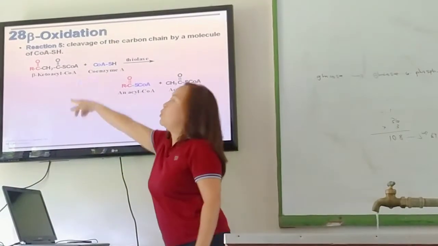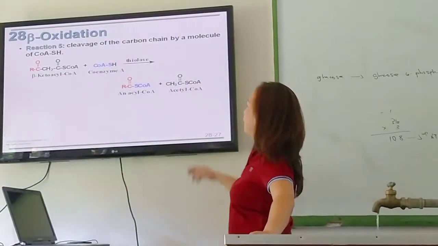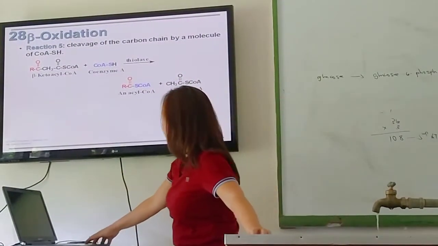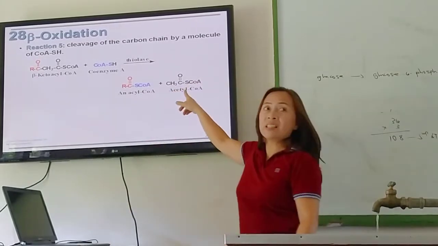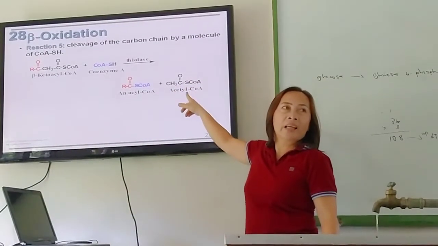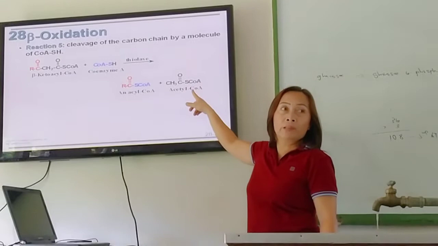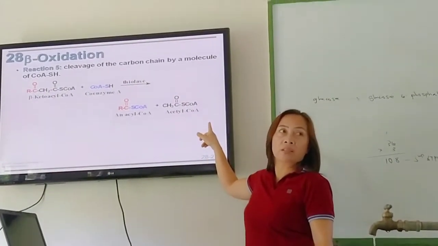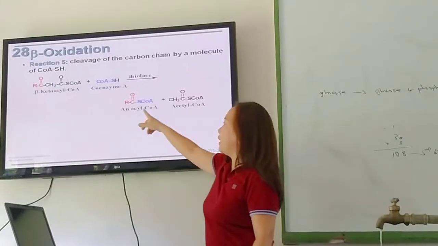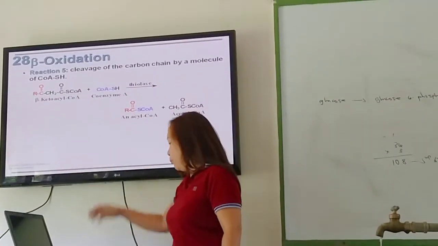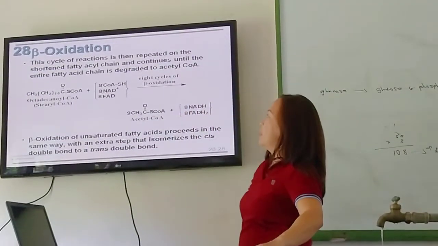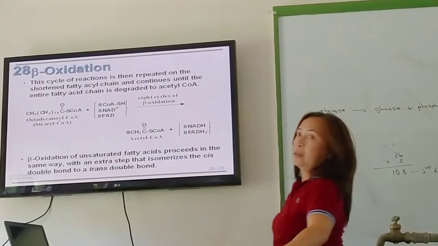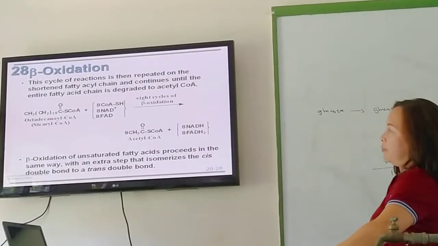It goes back to step 1. We also already have the acetyl-CoA. This acetyl-CoA enters the Krebs cycle. Remember, the acyl-CoA goes back to step 1.